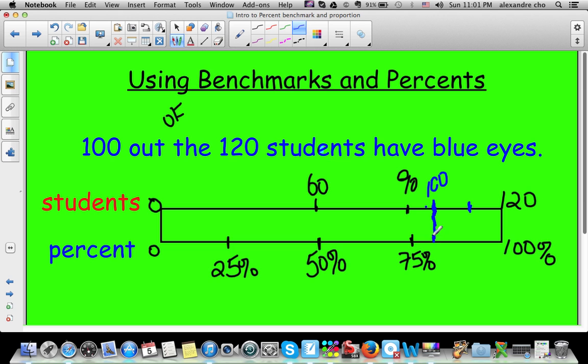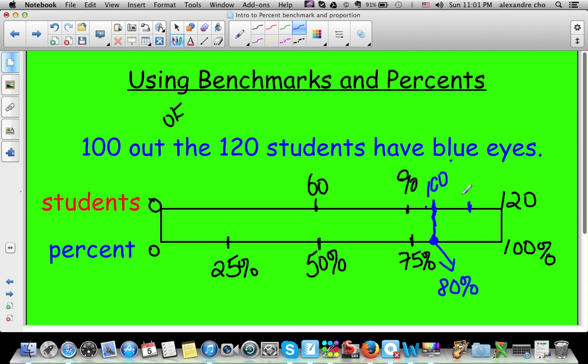Now, what would you guess this location right here would be in the percent line? 75, let's see, 80, 90. What's a guess here? 80? 80%.